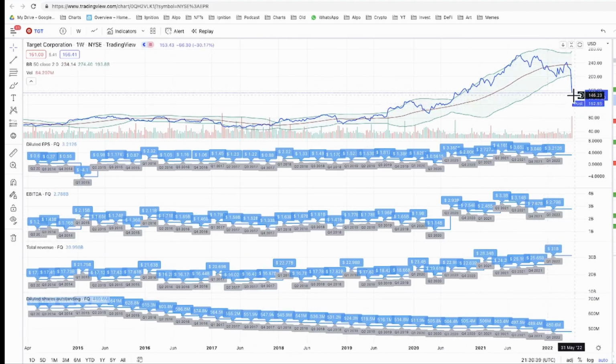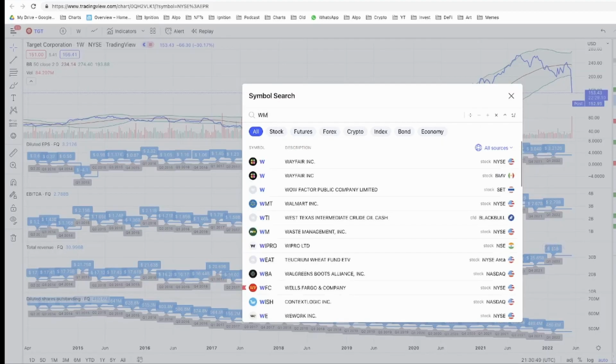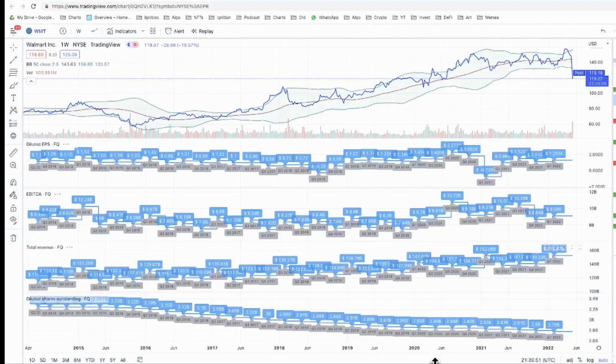So you would hope that this is a company that has the flexibility to buy back substantial shares since its stock price dropped dramatically recently. Same thing for Walmart, and this is where it becomes interesting to try to figure out how these companies are going to react.